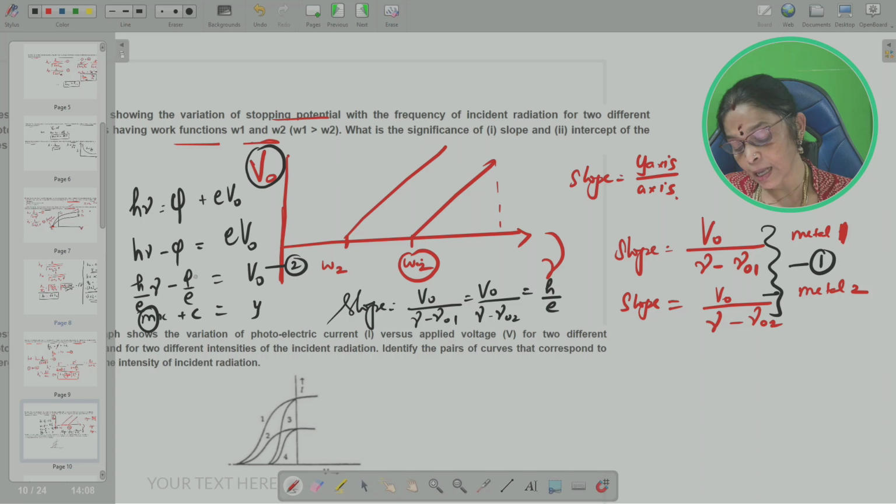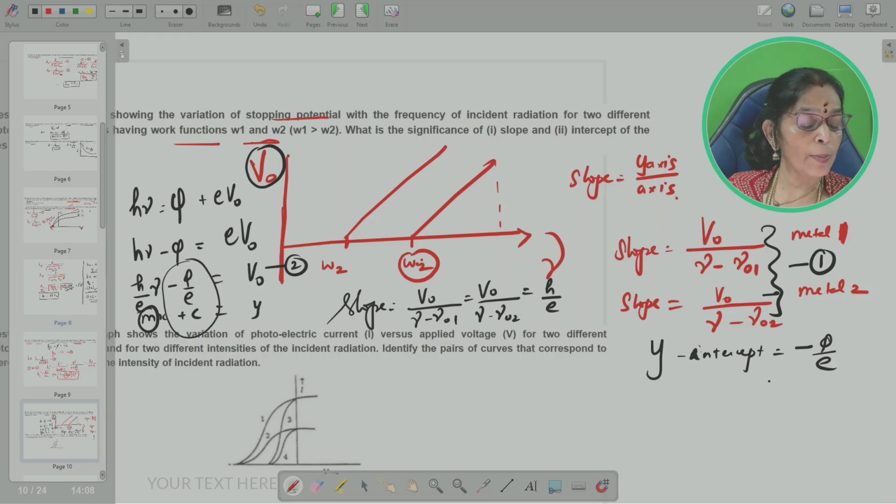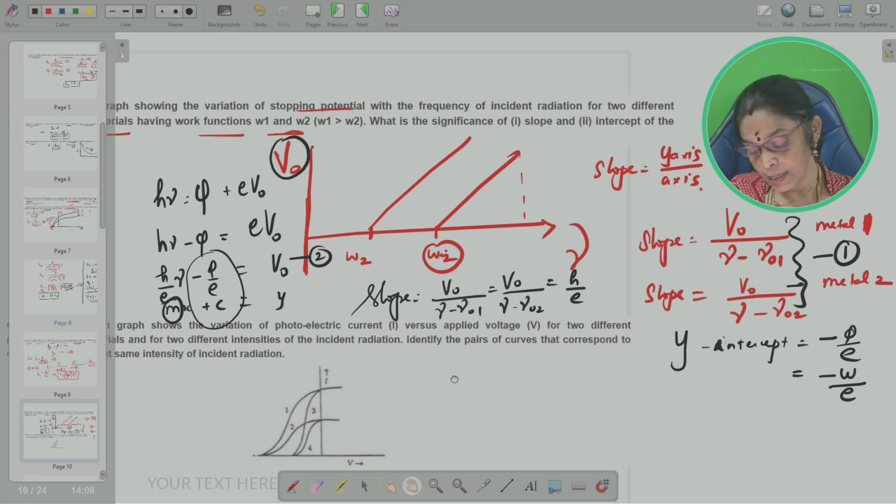What is the y-intercept? The y-intercept is minus phi by e. What is phi? The work function. So, minus work function divided by e. You can write it as W2 by e or W1 by e, whatever. Hope you understand this.